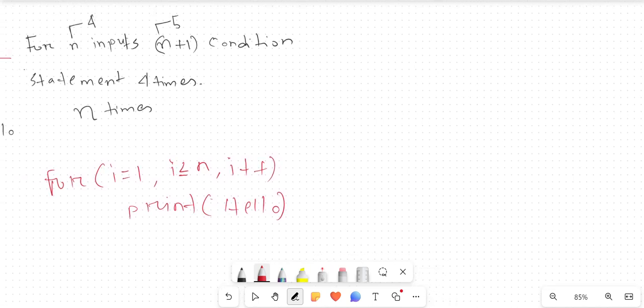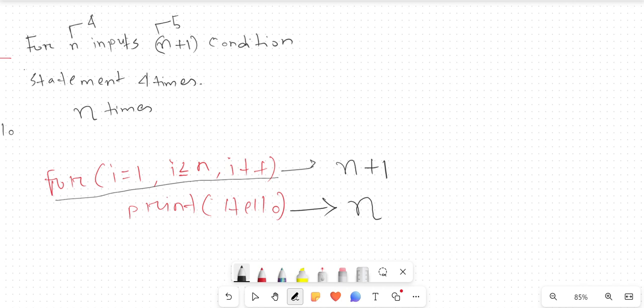For n inputs, this line executed n plus 1 times, and for n inputs, this line executed only n times, exactly n times.